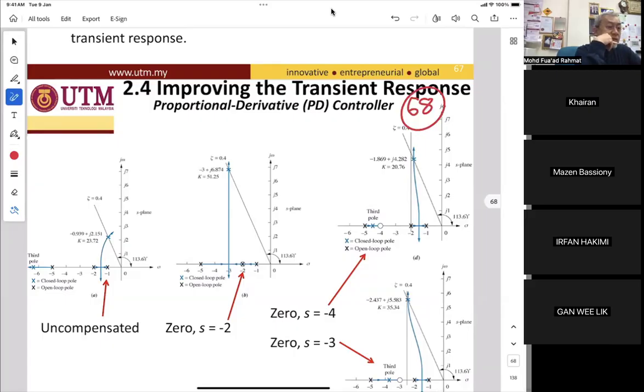Last week, we discussed the P controller and PI controller. The P controller has the disadvantage that a steady state error exists along the way, even though we increase the gain from 1, 10, 100, and so on.